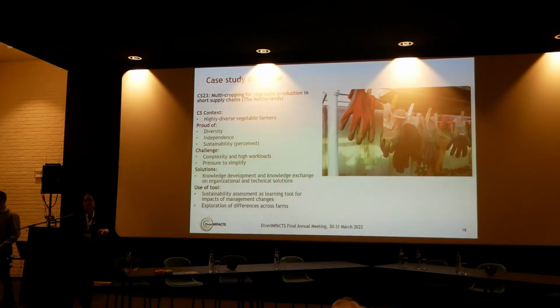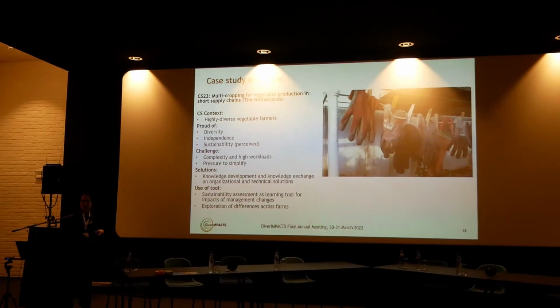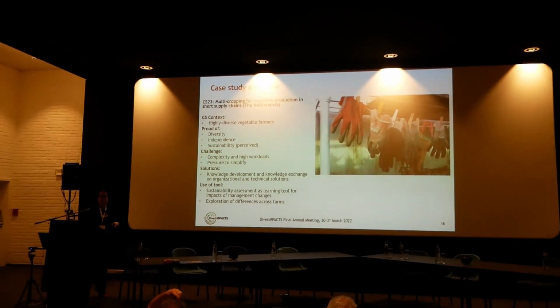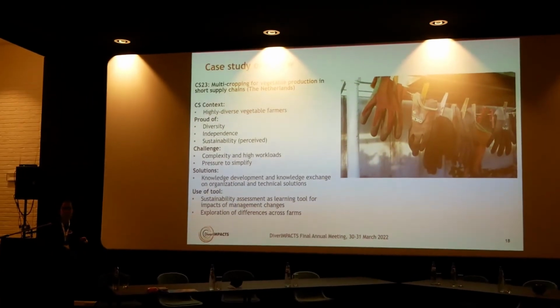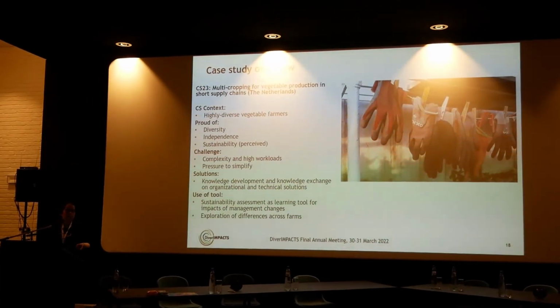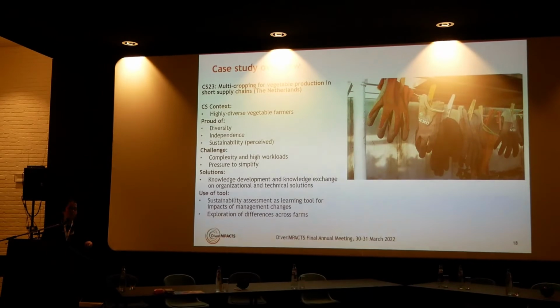What was interesting in this case today was vegetables, and most of the tools that we had at the beginning of the project were for cropping systems, but with cash crops, for instance with rapeseed and wheat.